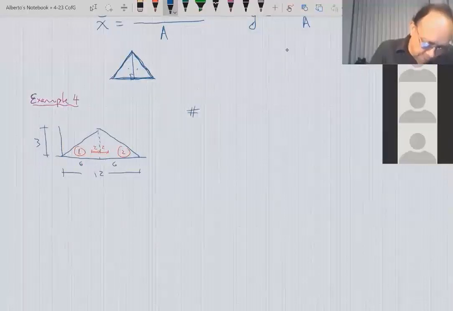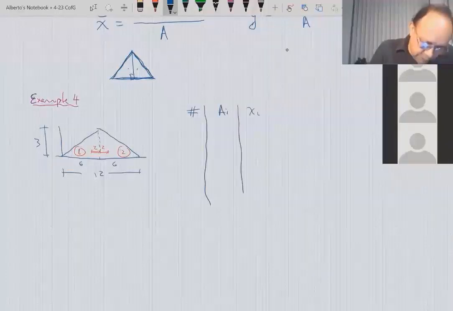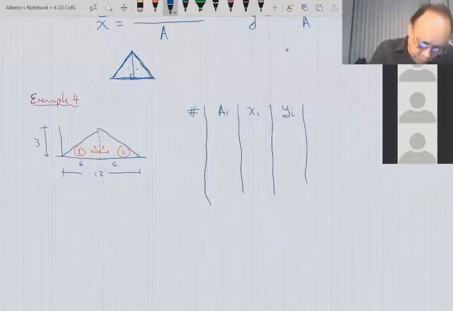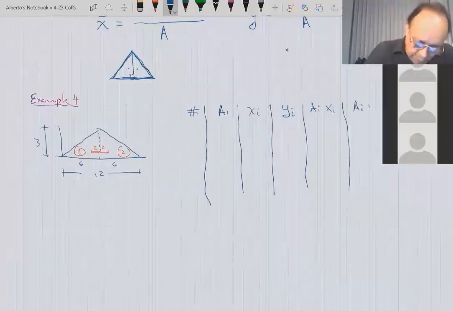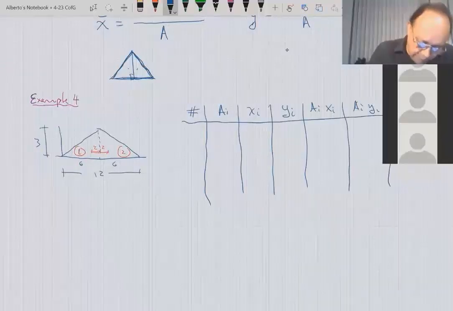Remember, a sub i, x sub i, y sub i, ai xi, ai yi, and you start filling the table.